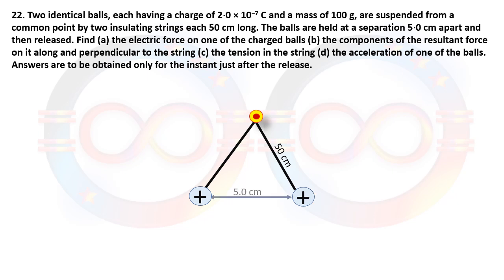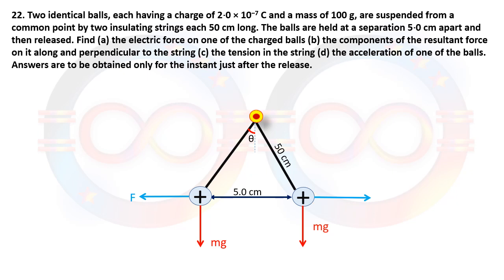So let us have this 50 centimeter string and 5 centimeter distance between the two, and now we are going to show all the forces on one charge. You can see the blue line, which is the force of repulsion between these two. Theta is the angle between the vertical axis and one of the strings.